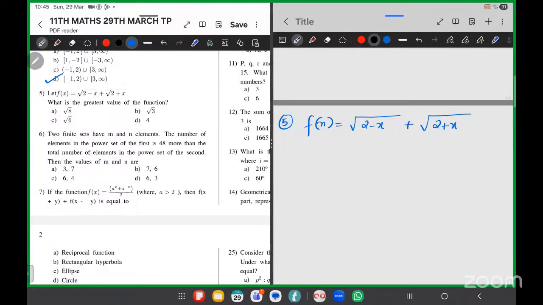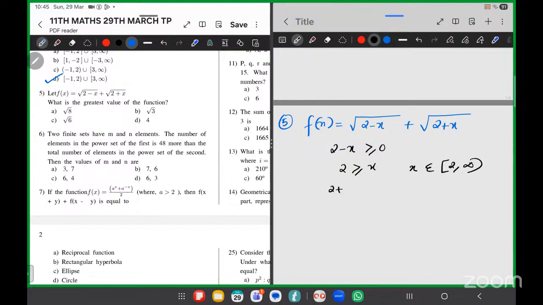So here what we can do, first of all, what is its domain? 2 minus x should be greater than or equal to 0. That means 2 is greater than or equal to x. So here the value of x belongs to minus infinity to 2.